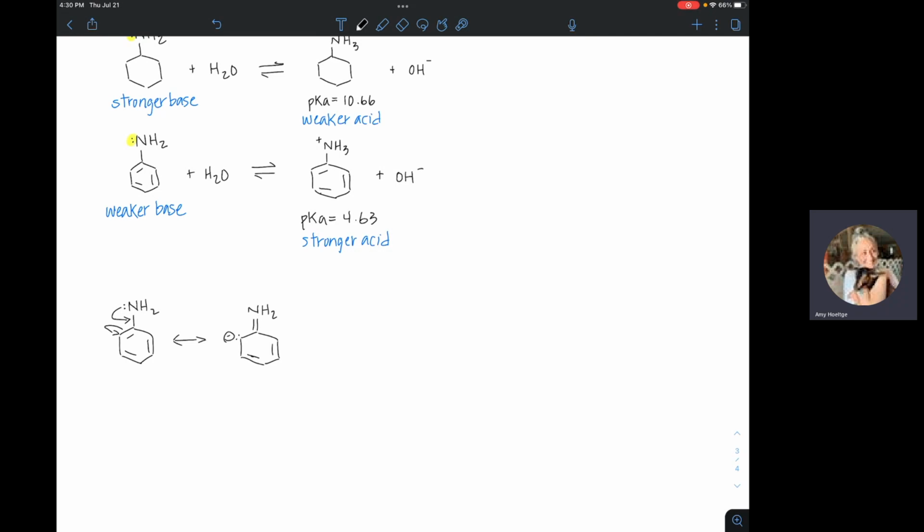And I can then keep going with this, right? Just like we did in the aromatic chapter. Draw your resonant structures. Essentially, and there's a positive charge here, essentially what's going on is you're showing that the electron density is sort of not super localized on the nitrogen.